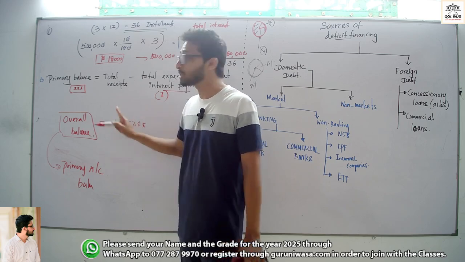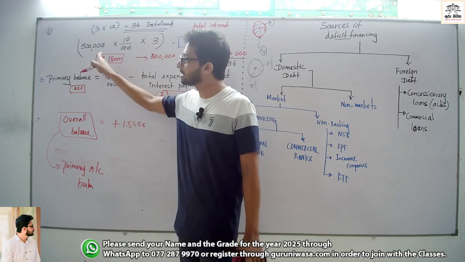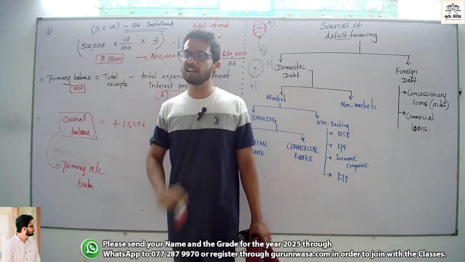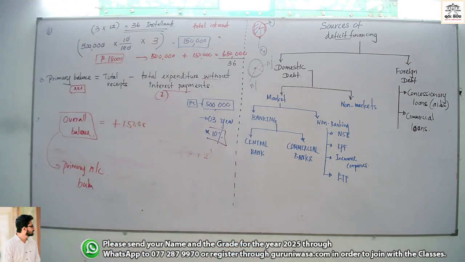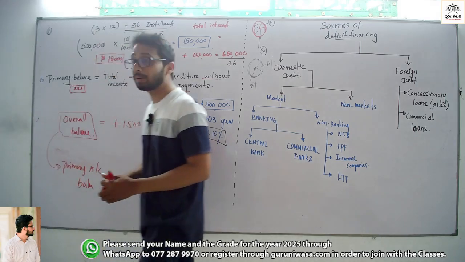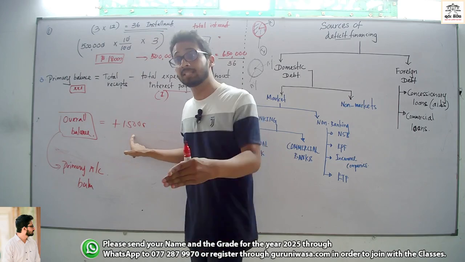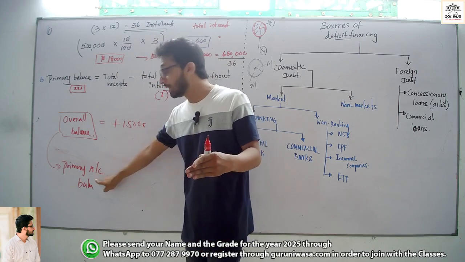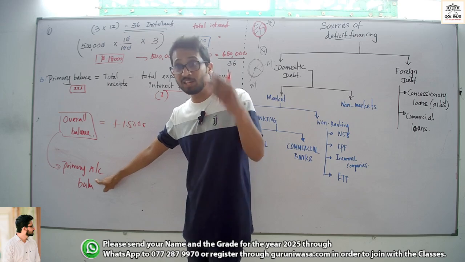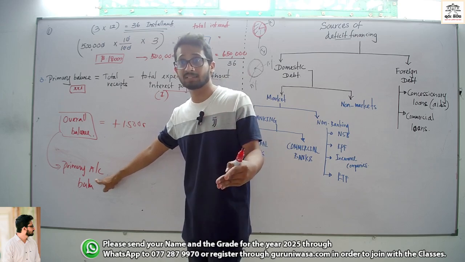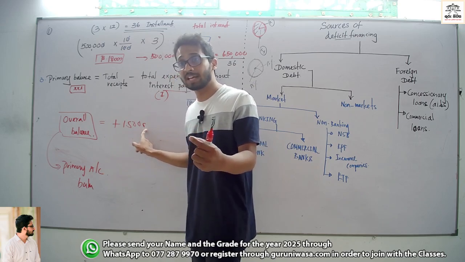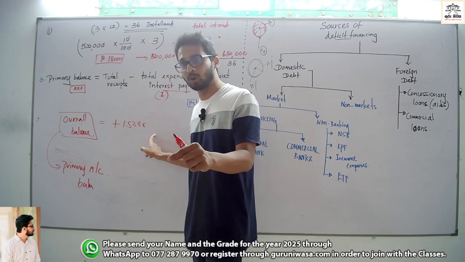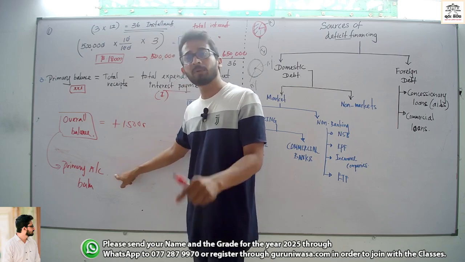If you are given overall balance, how would you calculate primary account balance? What is the difference between these two, primary account balance and overall balance? There's only one difference. What is the difference? Interest expenses. When calculating overall balance, interest payment has already been deducted. But when calculating primary account balance, we can't deduct interest. Then we have to add back that interest amount that has already been deducted from your overall balance to calculate primary account balance.